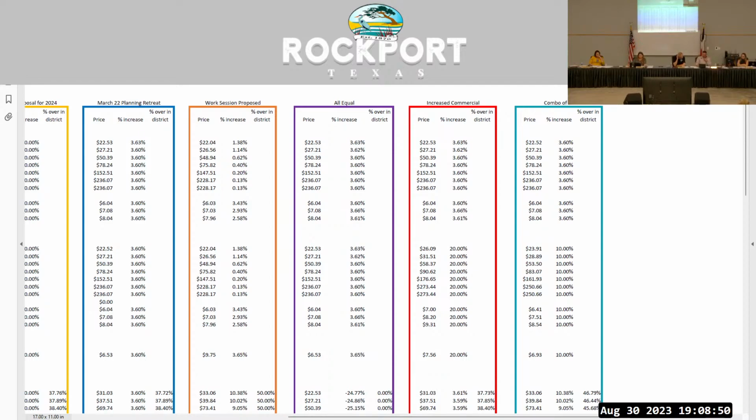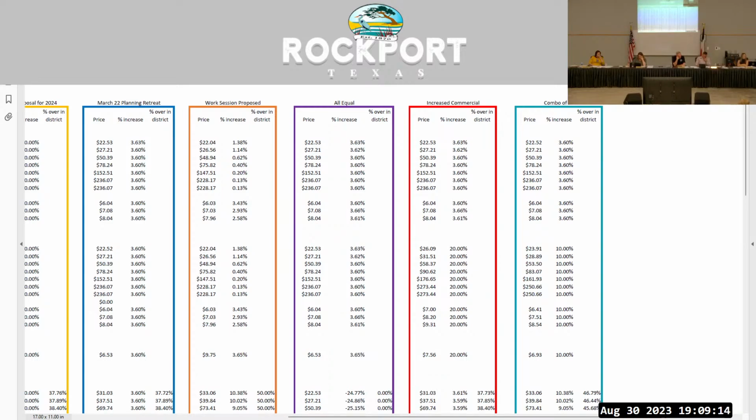The combo for all works for most, but I understand where Stephanie's coming from on trying to decrease that burden on the out-of-city. Right. Where you shift that burden. What is the direction to me right now? I'm just not seeing a difference where I'm gonna sit here and keep going, let's do 2% less, let's do 1% less.